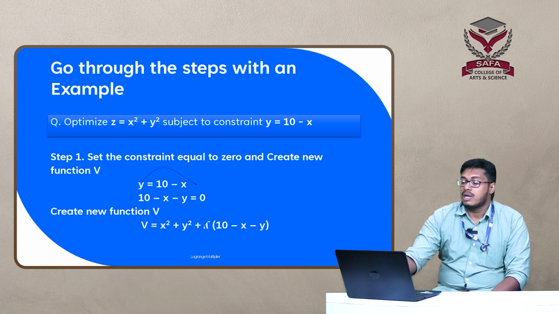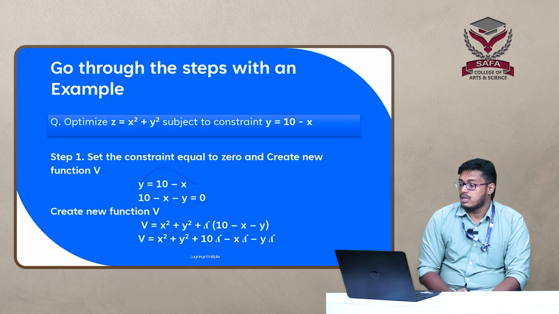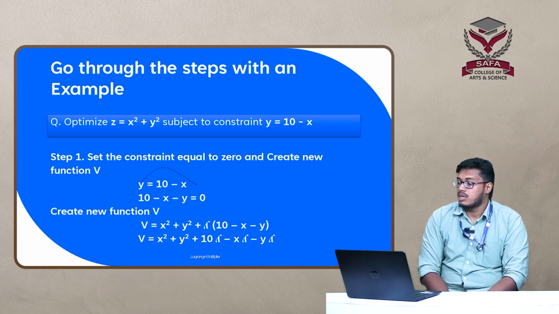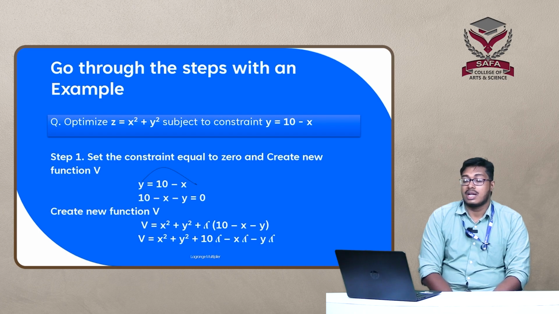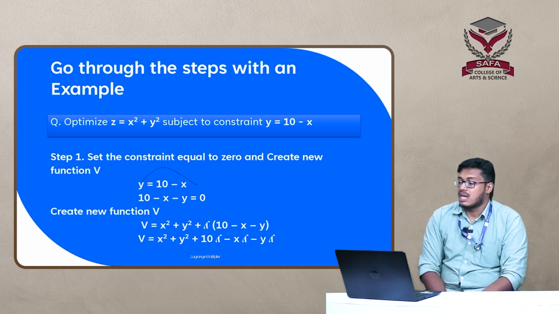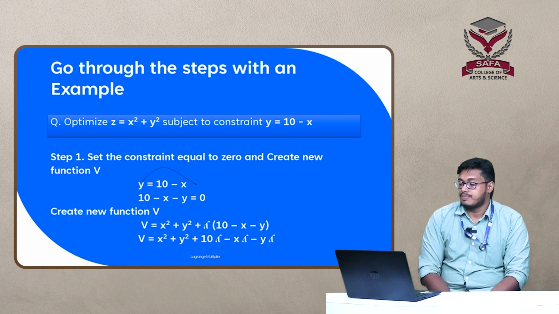When we multiply with lambda, it will be v is equal to x square plus y square plus 10 lambda minus x lambda minus y lambda. This is the new function v.